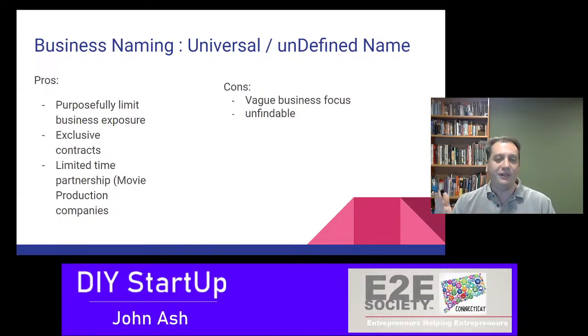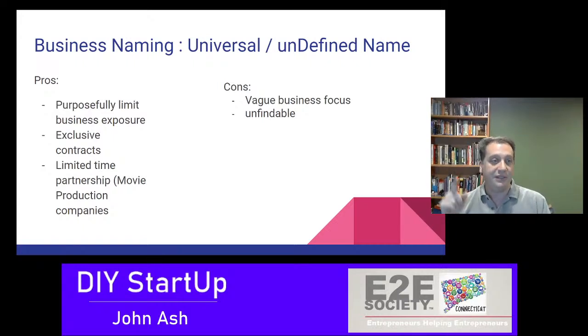You could give it a very universal name, and nobody will be able to find you, and that might be what you want. If you have a limited-time partnership, a group of people only making one product for a very short time, you don't want anything carved in the sands of time, or engraved too deeply in the world of the internet. Then you can do that.